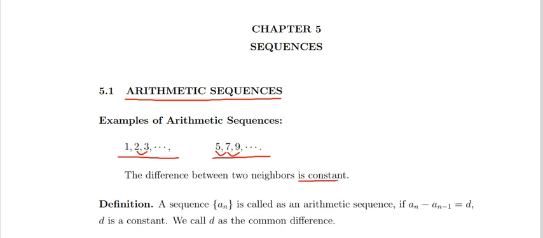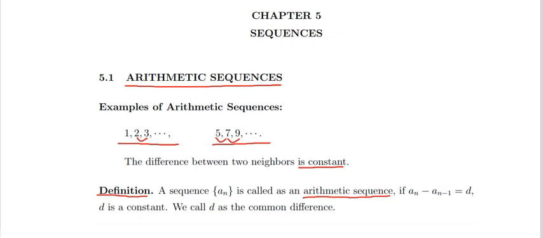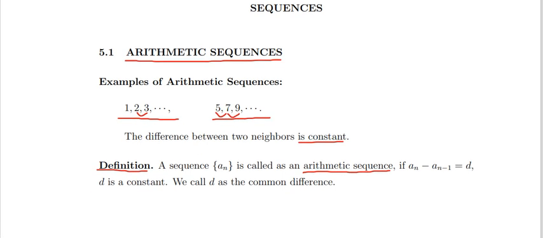So this is the actual definition of an arithmetic sequence. What is an arithmetic sequence? If the last one minus the previous one, the difference, is d, a constant, then this sequence an is an arithmetic sequence, and this d we call the common difference.